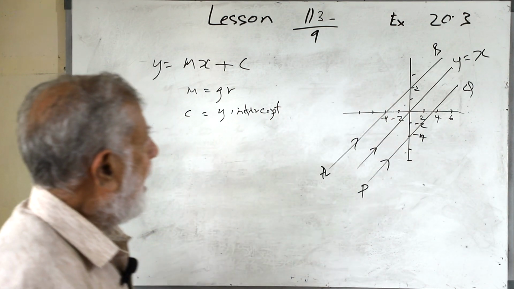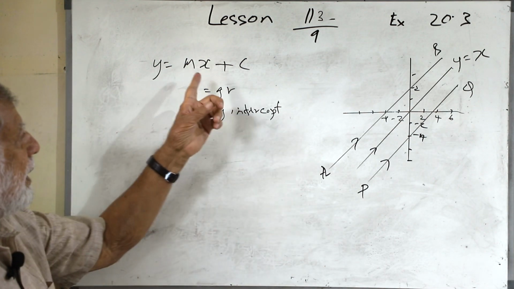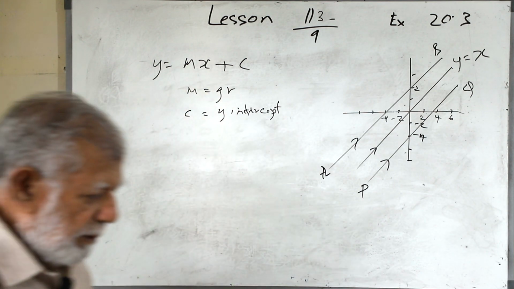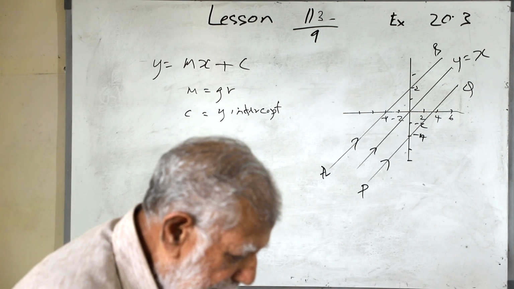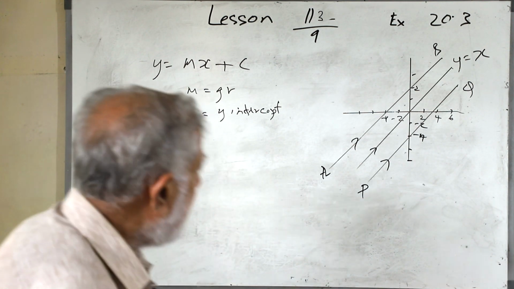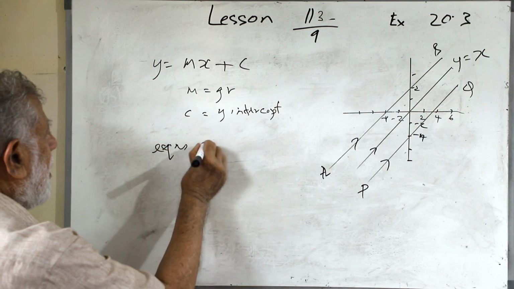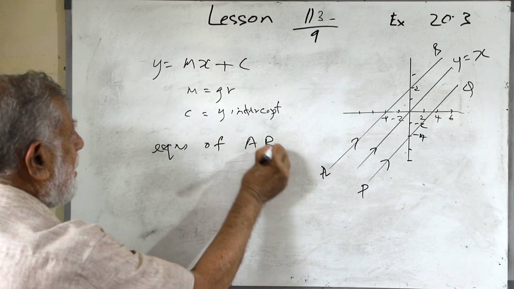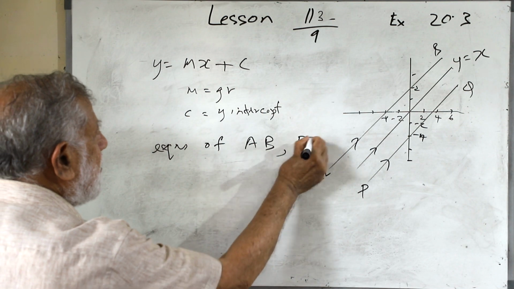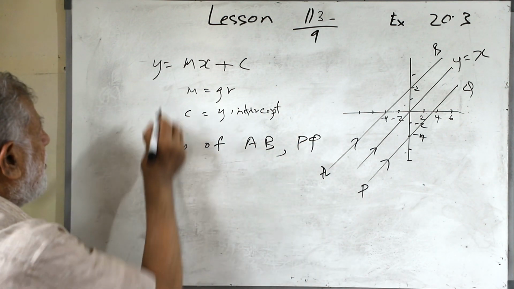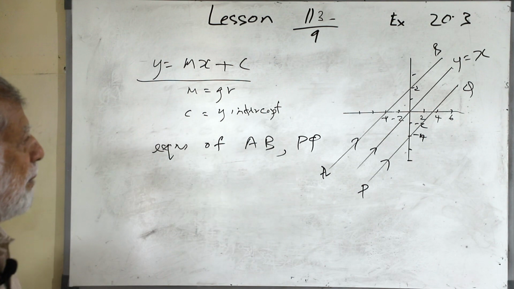Gradient should be 1. And the question is you have to find the equations of AB and PQ. Now, formula equation is y is equal to mx plus c.